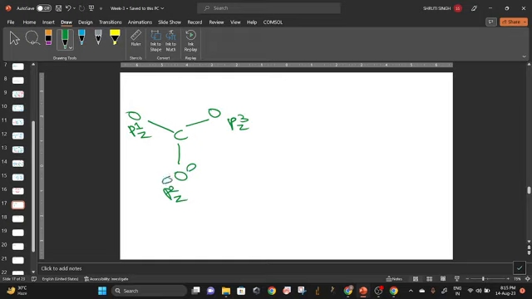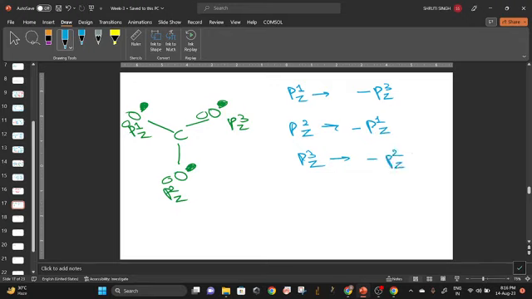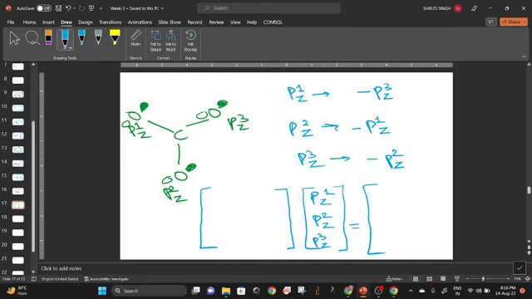Now can you write the matrix first? pz1 became pz3, 2 became pz1 and 3 became pz2.